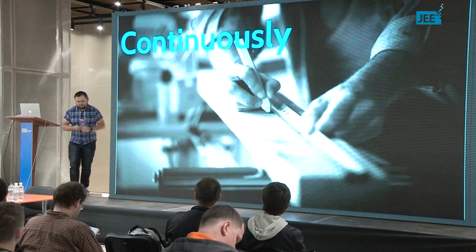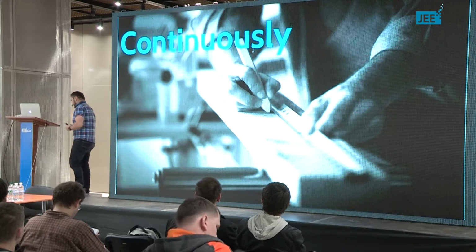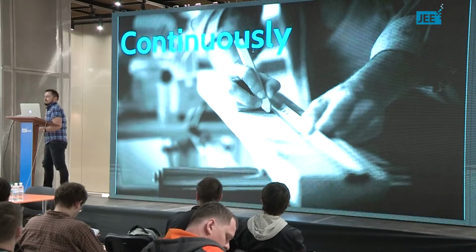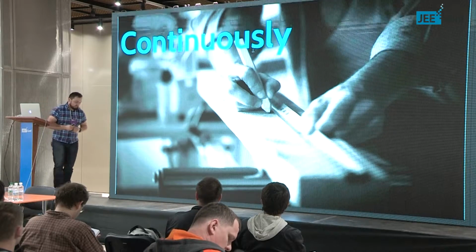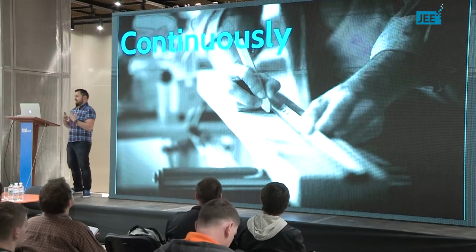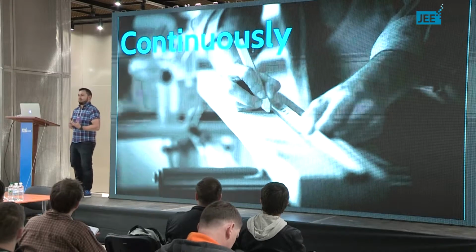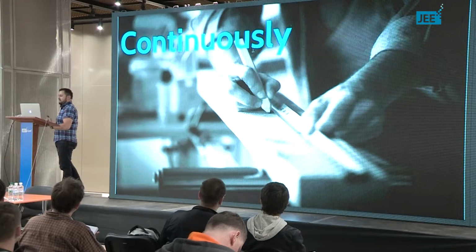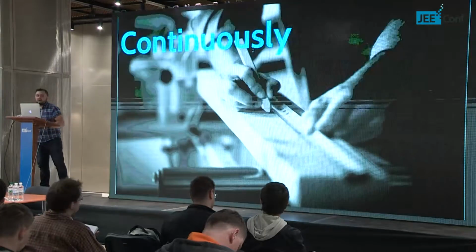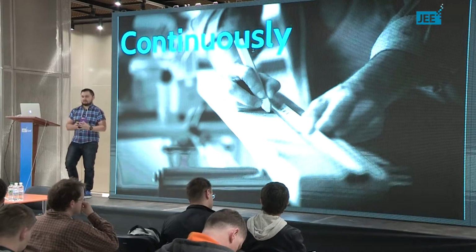One more thing is to do it continuously. We have a statement from Donald Knuth that says that premature optimization is the root of all evil. From one point of view, it's definitely true, but there is another point. For example, we are in an agile world, right? We are implementing our software in an iterative manner, and from the very beginning, we are striving to make something functional.